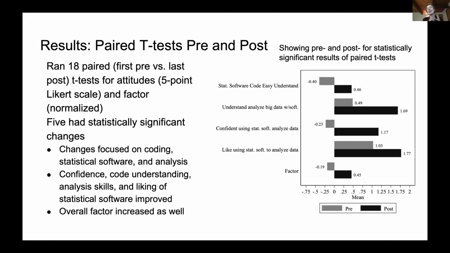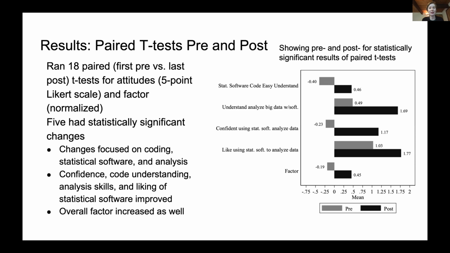So we didn't see big changes in things like, oh, I want to be a data scientist as a career, but that makes sense. We're seeing changes in the things the event really focused on: coding skills, confidence, code understanding and analysis skills, and liking of statistical software improved. And the overall factor increased as well. So that's exciting to see those results.